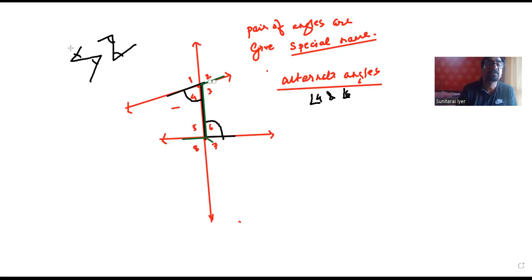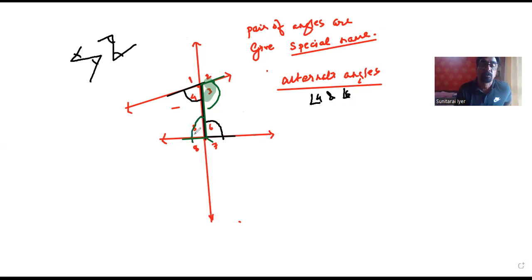These green color angles are nothing but alternate angles. So angle 3 and angle 5 are alternate angles. Please see here once again, children, I'm just showing it to you. Angle 3 and angle 5, just have a look at this angle that I'm trying to show you.